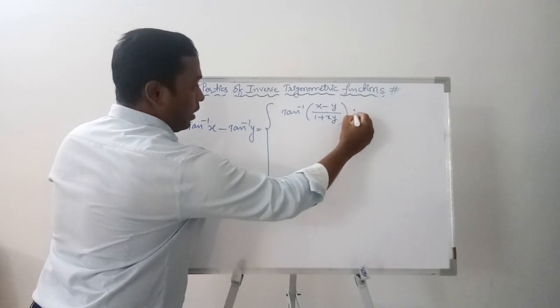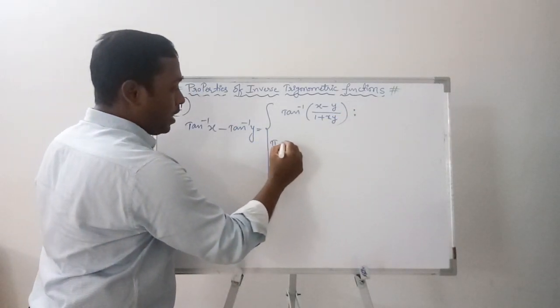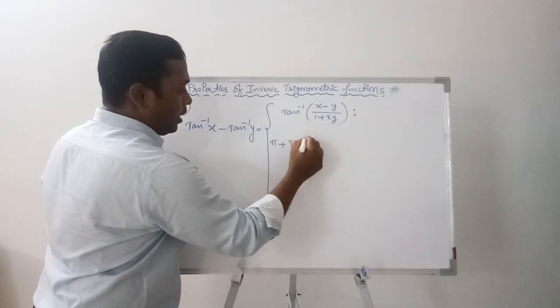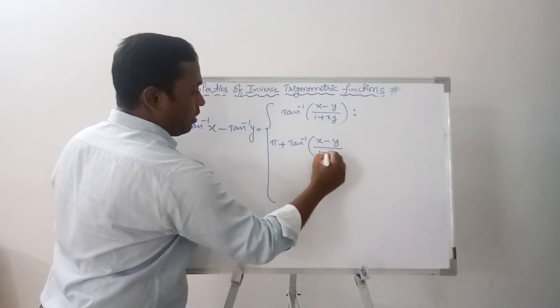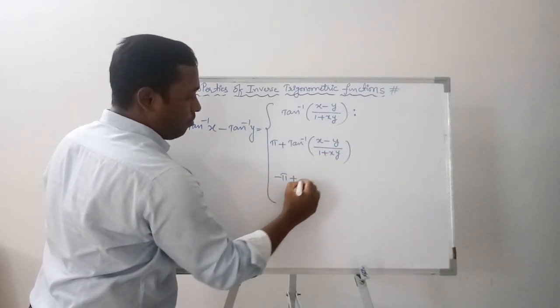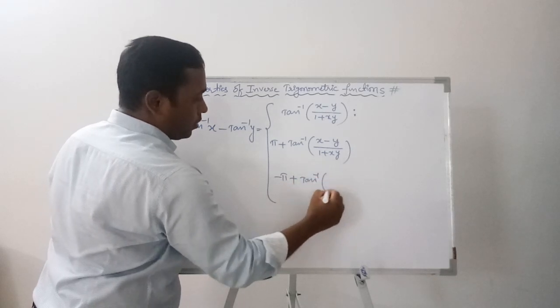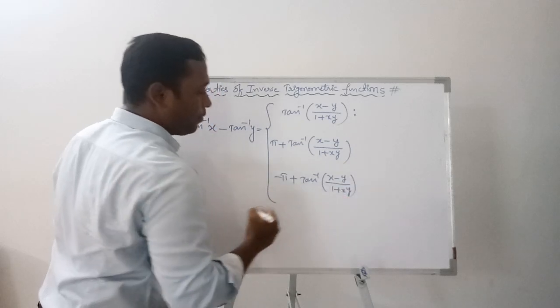The second one is pi plus tan inverse of (x minus y) by (1 plus xy). Third is minus pi plus tan inverse of (x minus y) by (1 plus xy).